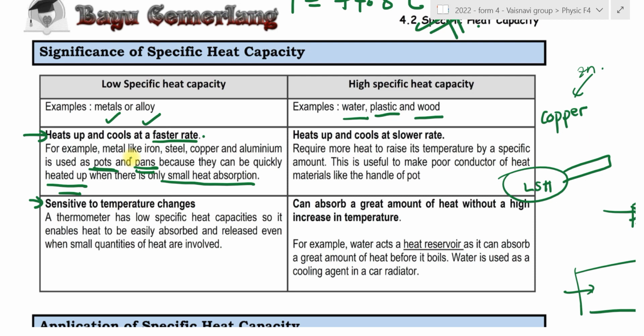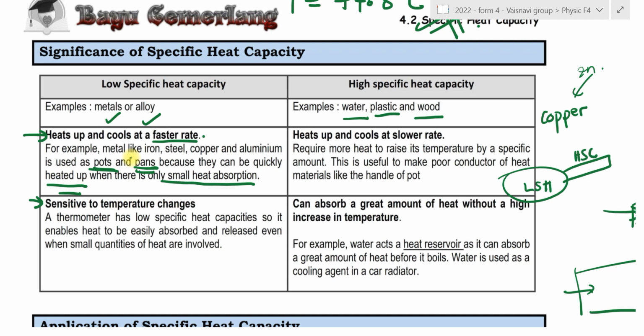Dia punya pemegang high specific heat capacity, tak cepat panas lah, dia lambat panas. Another advantage of high specific heat capacity is it can absorb a great amount of heat without a high increase in temperature. You don't need a very high temperature. It will absorb slowly and then contain more heat.